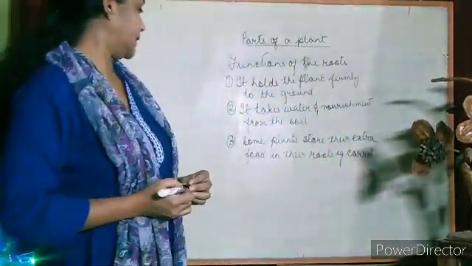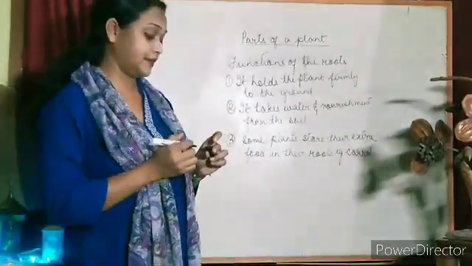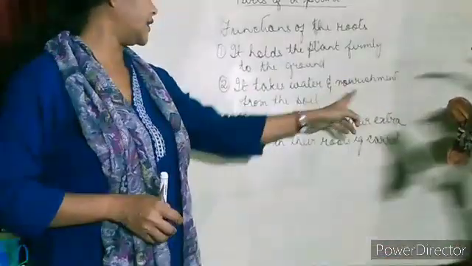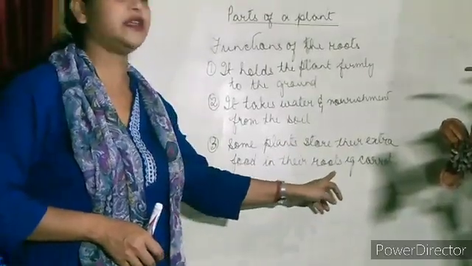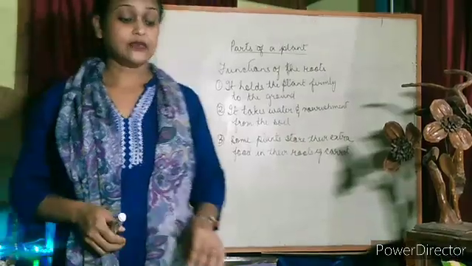So these are the three basic functions of the root. First of all, it holds the plant firmly to the ground. Then it takes water and nourishment from the soil, and some plants store their extra food in their roots, for example carrot and beetroot.